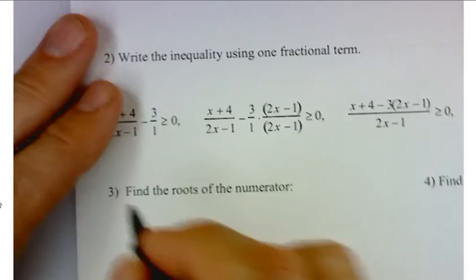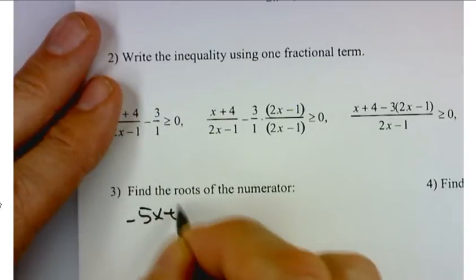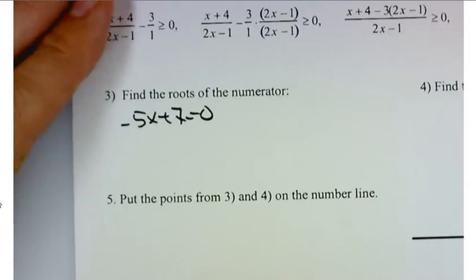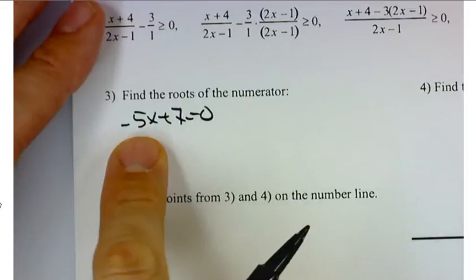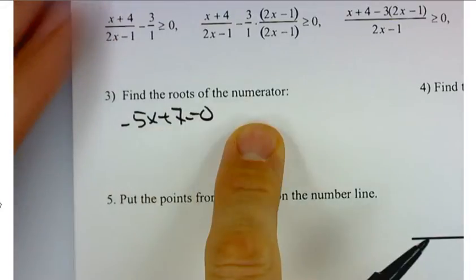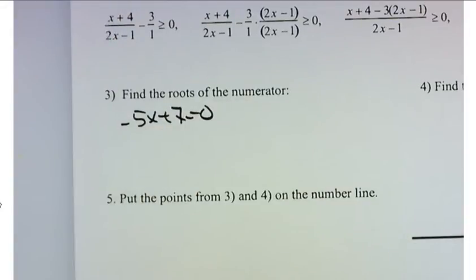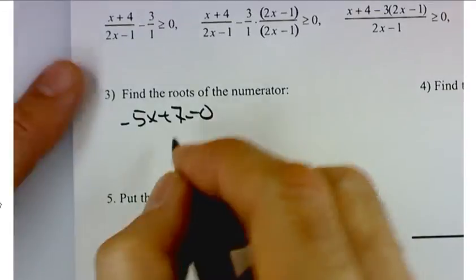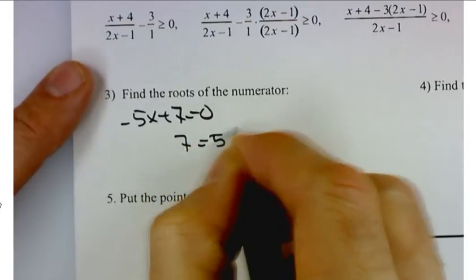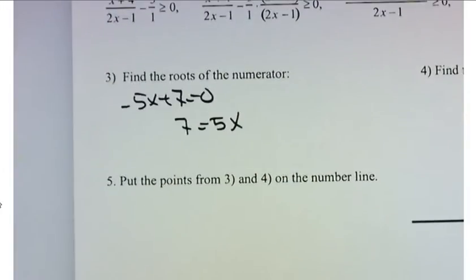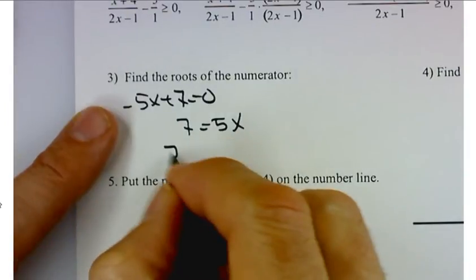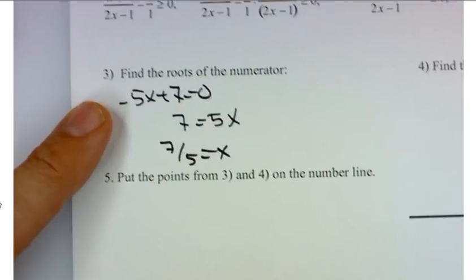So, the roots of the numerator, negative 5x plus 7 equals 0. I'll move the 5x to the right-hand side. Now, why am I moving the 5x to the right-hand side as opposed to moving the 7 to the right-hand side? Yeah, it becomes a positive 5. It's just a little bit friendlier. I get rid of the negative that way. Divide both sides by 5. I get 7/5 for x.